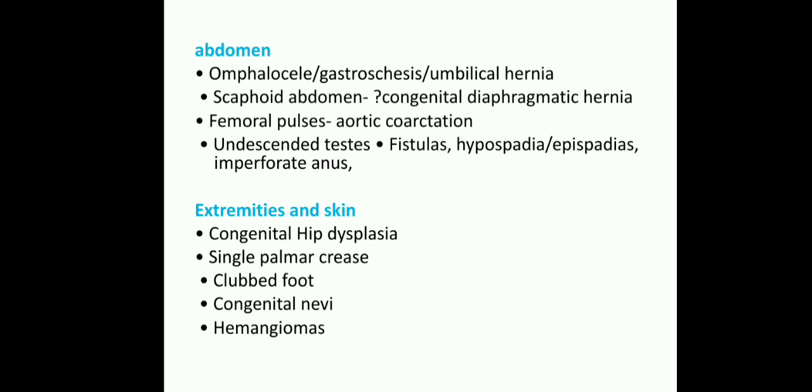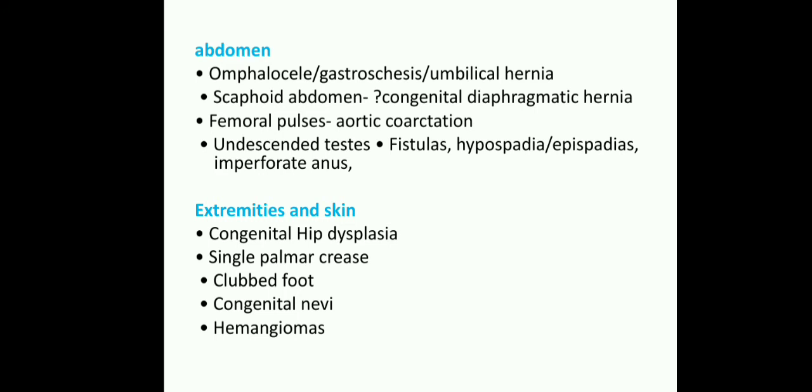And fistulas, what is fistula? Fistula means there is a connection between two organs, mostly the drain and bladder it may be having. And next one is hypospadias. What is hypospadias? Hypo means below, spadias means opening of the urethra, it is there below the penis.